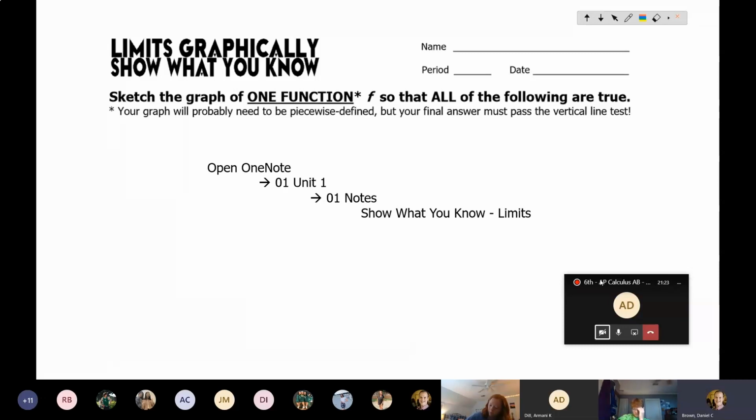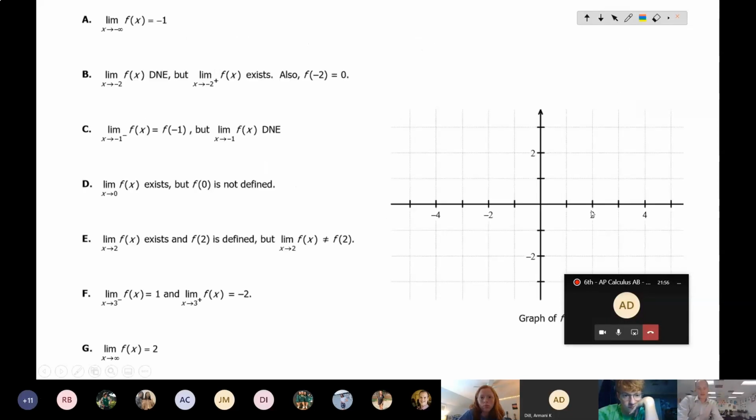If your OneNote is not syncing, that's fine, because I actually have a copy of it on the next slide, and you can just look at it and do it in your notes. I'm not grading it, but basically if you go through the pathway of opening up your OneNote, going to the Unit 1 section, and then the Notes tab, fingers crossed you have a page in there that says something like show what you know limits. And the problem looks something like this.